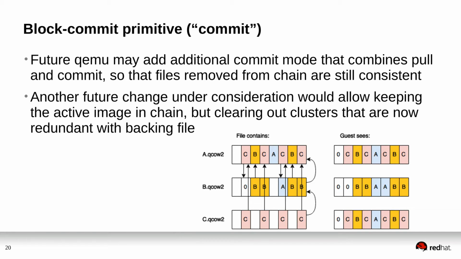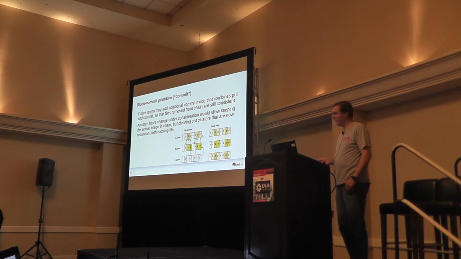In fact, there's been talk on the mailing list of adding a flag to the commit operation so that when we say we're about to write C into A, but we also check the overlay, oh, there's nothing there, we need to copy the previous data from A into B so that B stays consistent no matter what we've done to A, and then we can cleanly detach B from the chain and merge it all into one operation.